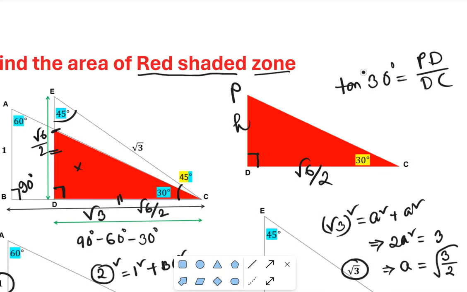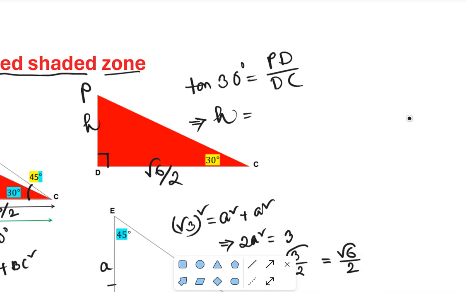So what we have to do, we have to calculate the height of the triangle. So H is equal to DC, which is root 6 by 2, times tan 30, which is nothing but 1 by root 3.